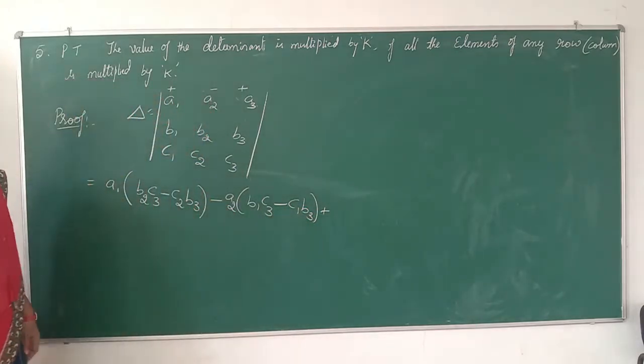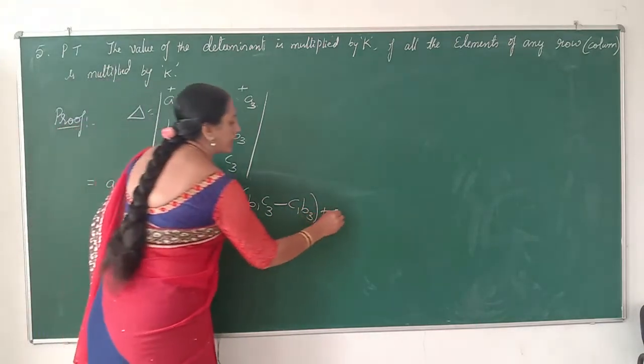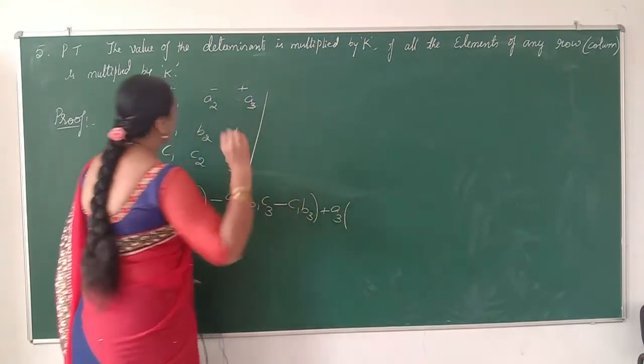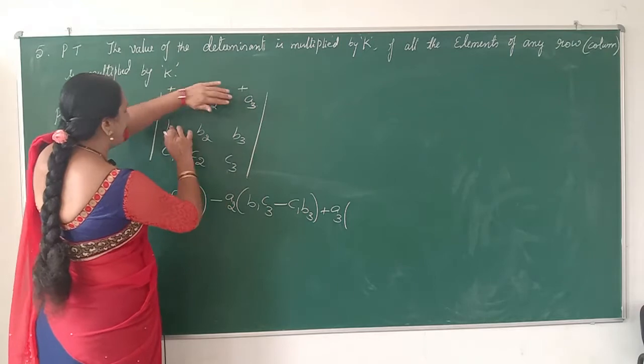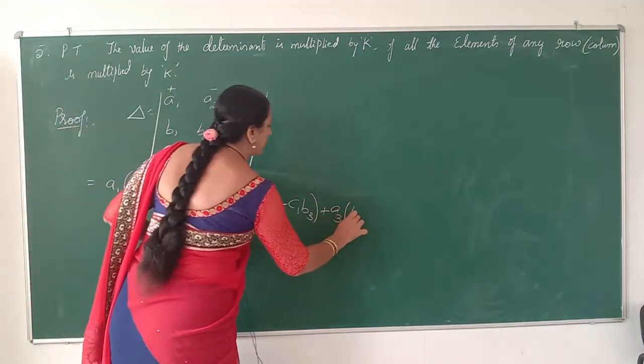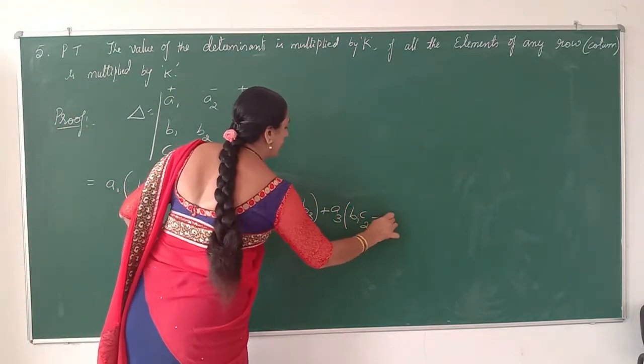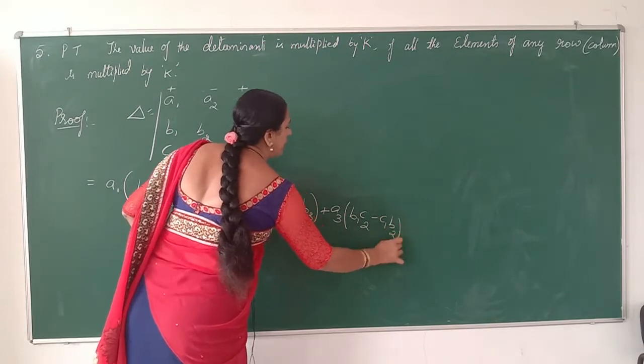Similarly, the third element is A3. So A3 is an element of the first row, third column, and these get neglected, and the remaining are cross multiplied: B1 C2 minus C1 B2.